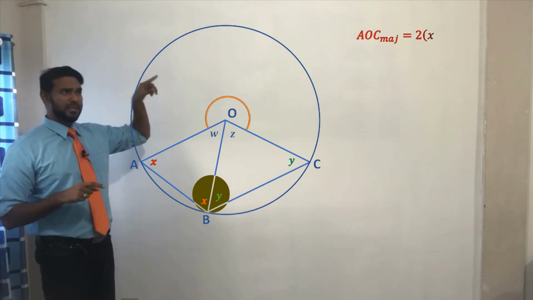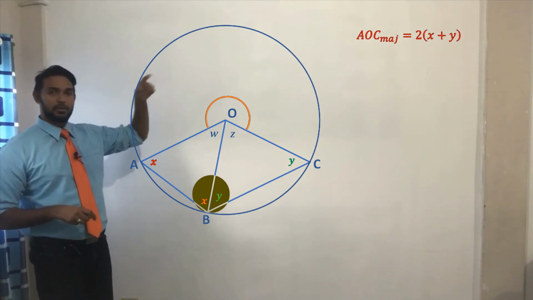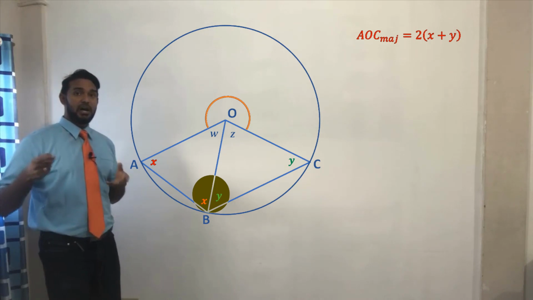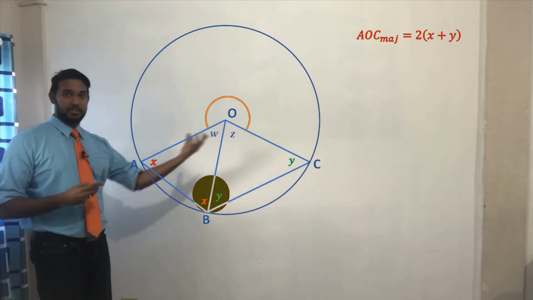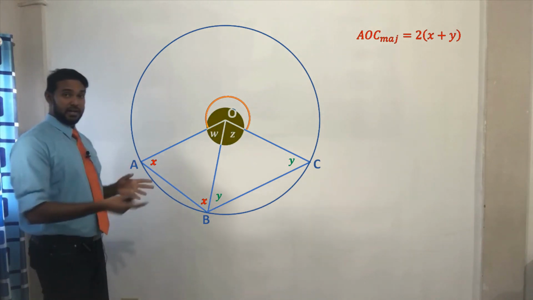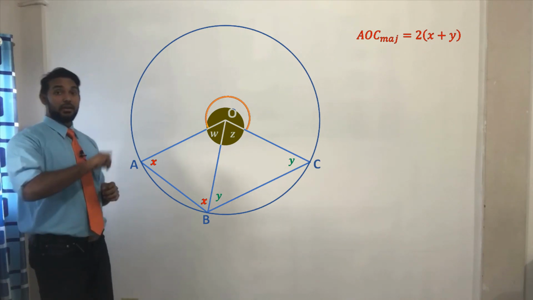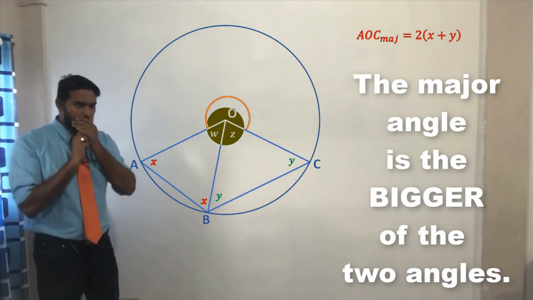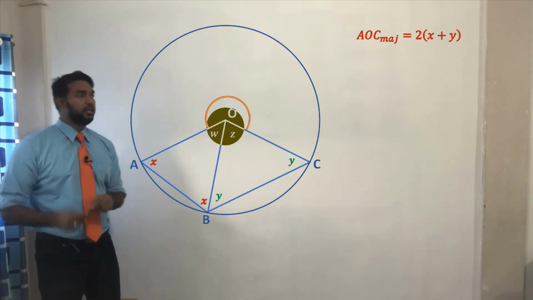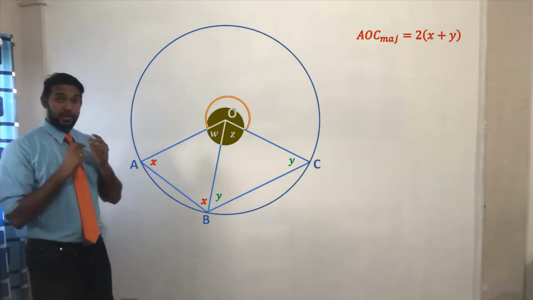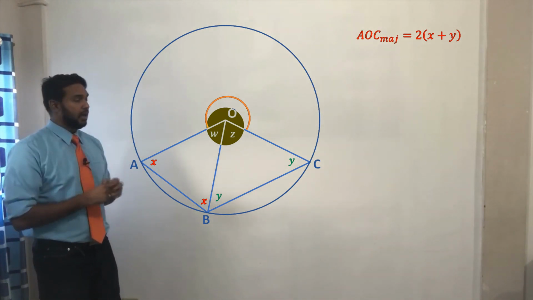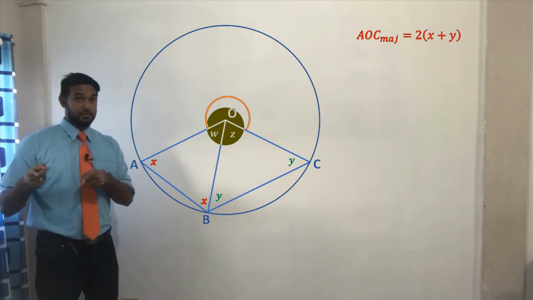So AOC major is equal to double (x plus y). Now I'm calling it the major angle because there's another angle, AOC, somewhere inside of here, which is the minor angle, right? The major angle is the angle on the outside. Now, how are we going to prove this? So once again, look at the center of the circle where the angle we're trying to find is. And we have 2 more angles, which are W and Z.